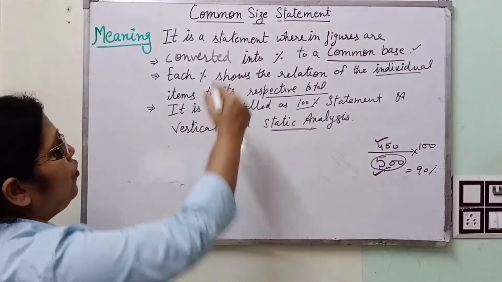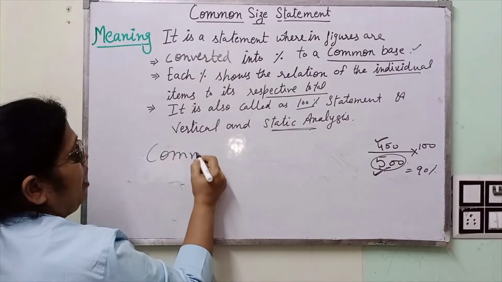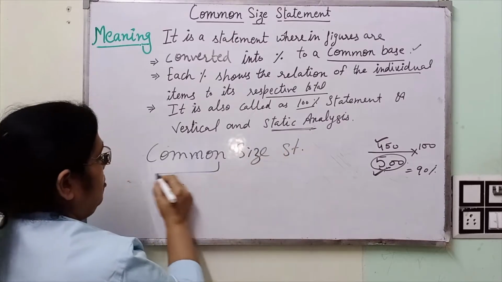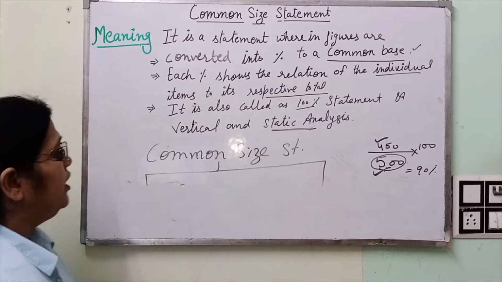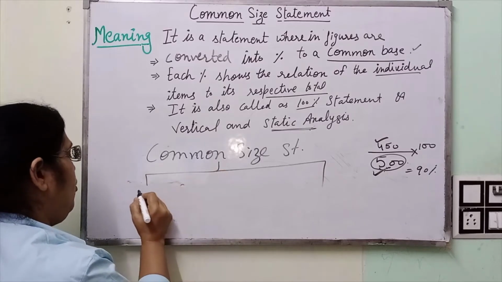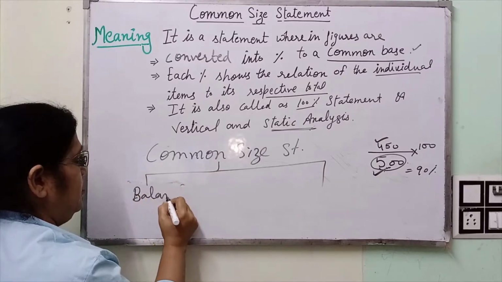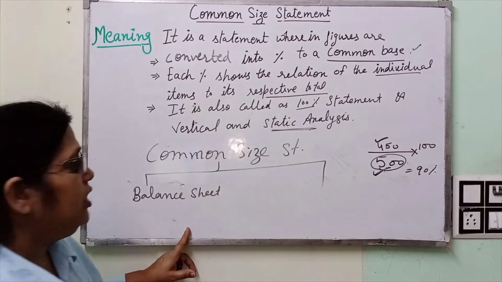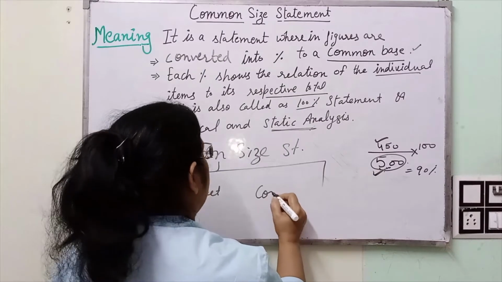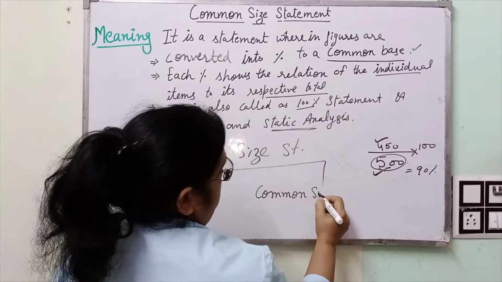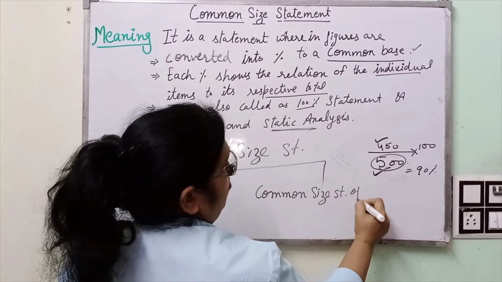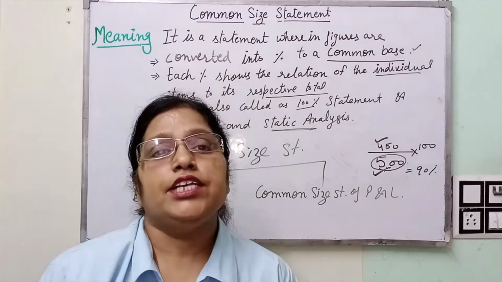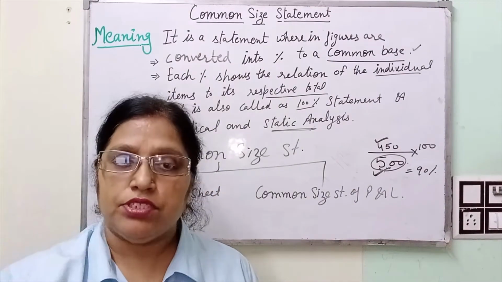Now in case of common size statement, we have to prepare two statements: common size statement of balance sheet and common size statement of profit and loss, in the same way as we have prepared in case of comparative statement.